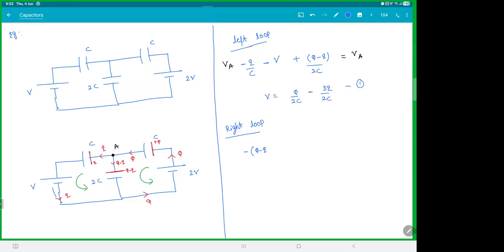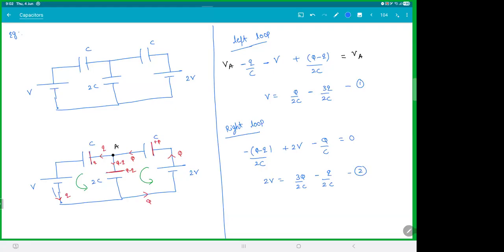Minus Q by 2C. Then I'm going through the battery, from negative to positive, plus 2V. Then I'm going again from positive to negative, minus q by C, is equal to 0. Again, if you simplify this, this would be 3Q by 2C minus q by 2C. So we have two equations and two unknowns.